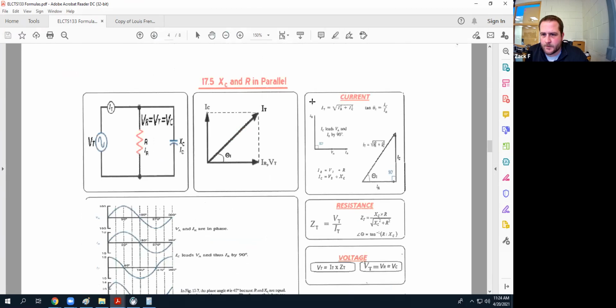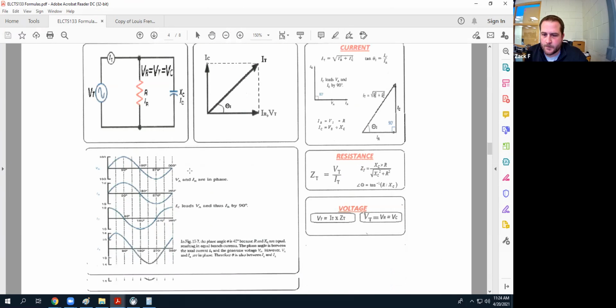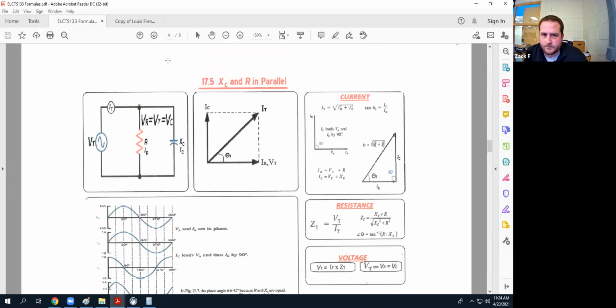Well, it says we can use this formula right here: square root of IR squared plus IC squared. We solve for the impedance. Yep, we can use Ohm's law for that as soon as we're done with the other one. So first things first, I total equals the square root of IR squared plus IC squared.